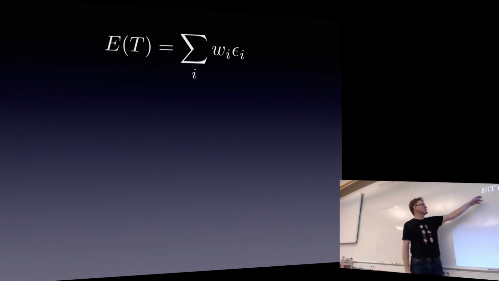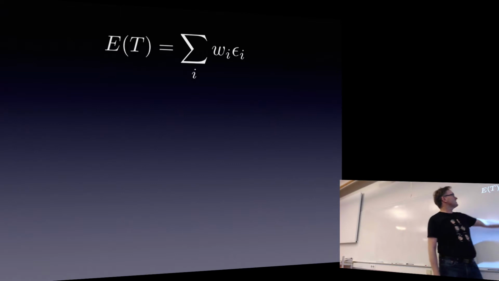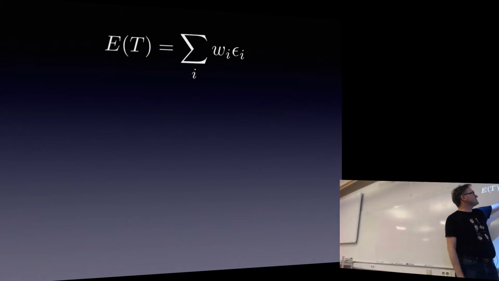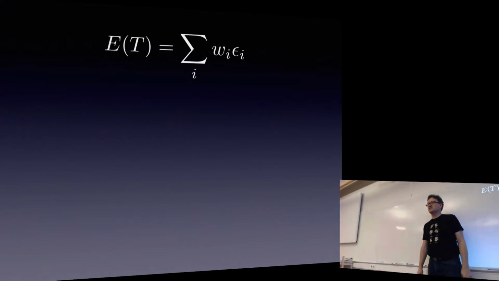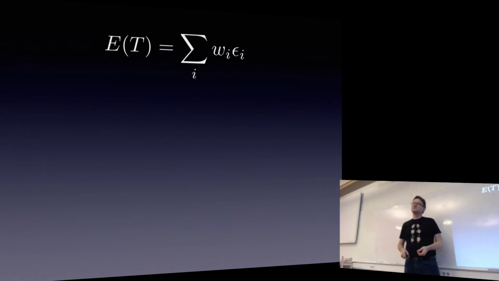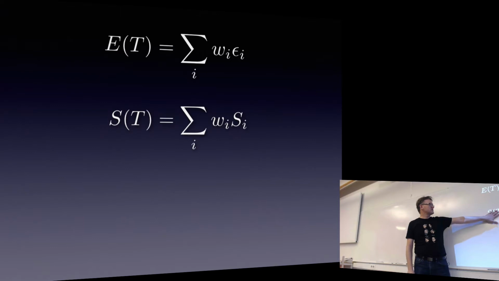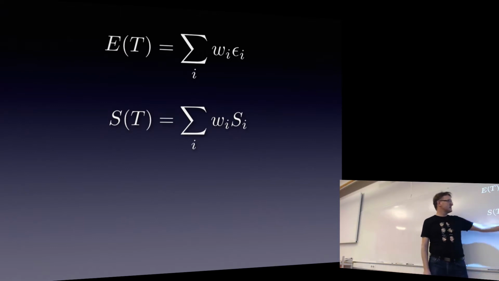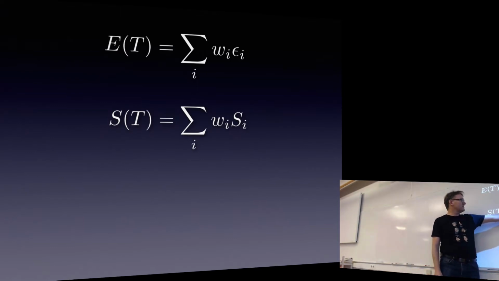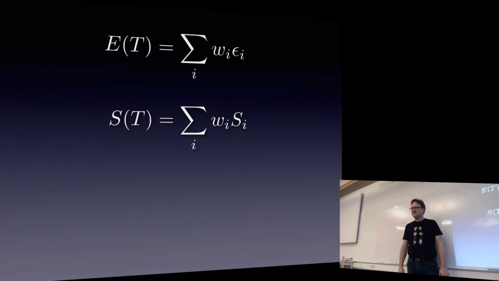The energy of your system is simply the sum over all the possible states your system can be in, of the likelihood of being in that state multiplied by the energy of that state. The entropy of the system is the sum over all states of the weight of being in each substate multiplied by the corresponding term for that specific state.